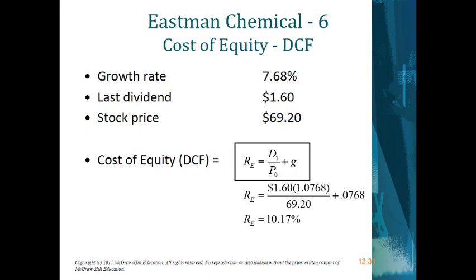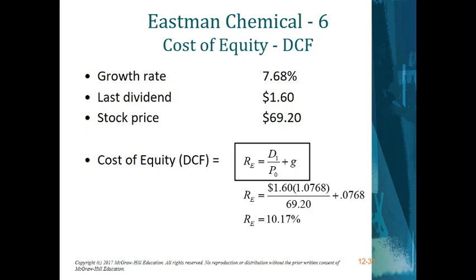Now, if you use the dividend cash flow method, here we've got a stock price of $69.20 per share. The last dividend was $1.60, and the growth rate is 7.68%.